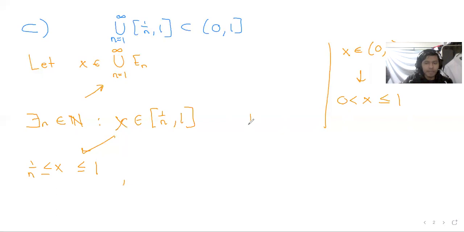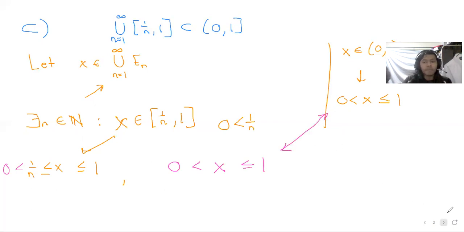So we know that 1 over n is greater than 0, and we can include that over here now. And so by transitivity, I'm sorry, I'm getting confused if it's transitivity or trichotomy, but I'm sure it's transitivity, then 0 is less than x, and x is less than or equal to 1. And that's the first part.